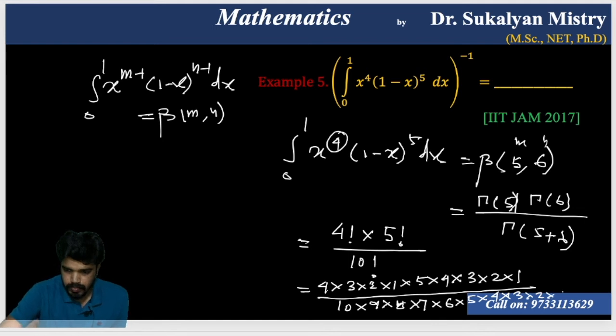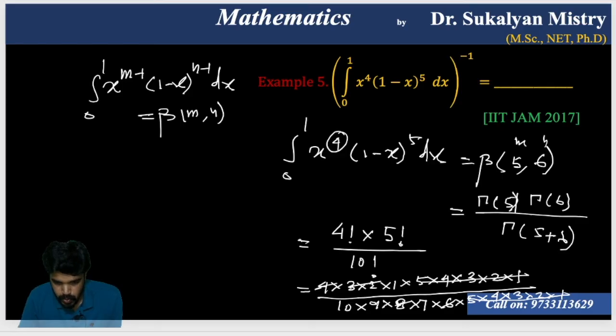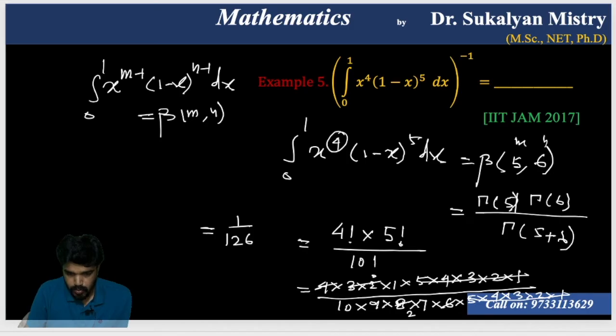Okay, so 5 4 3 2 1 cancels with 5 4 3 2 1. Then 4 3 2 and 6 cancel, and we are left with 4 into 2 into 9 into 7 which is 1260 in the denominator, so that is 1 by 1260.